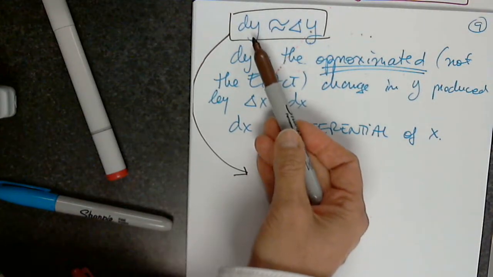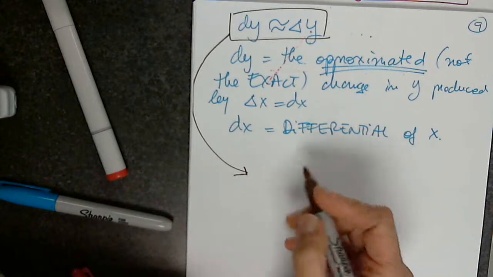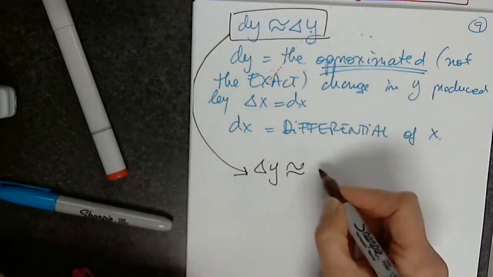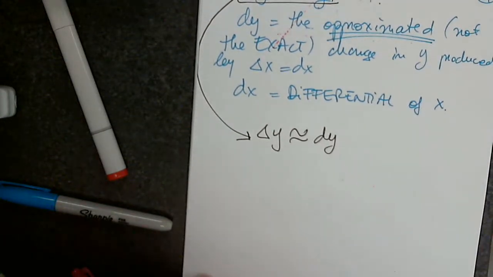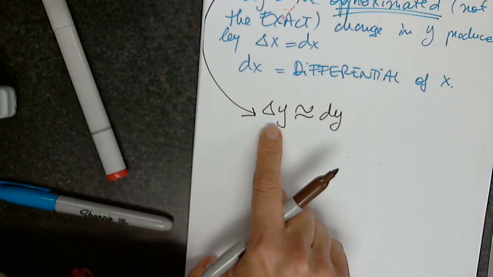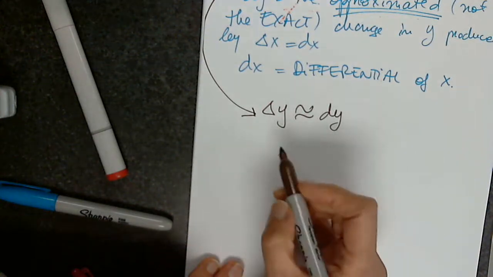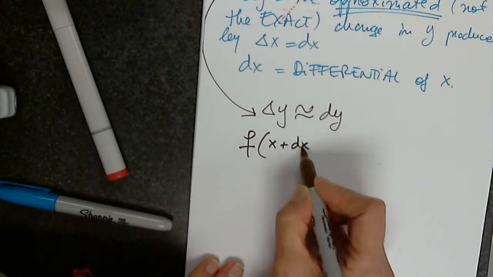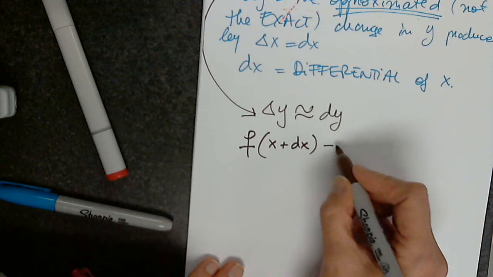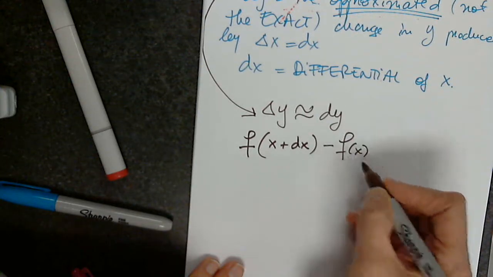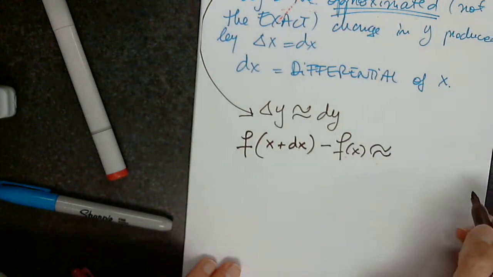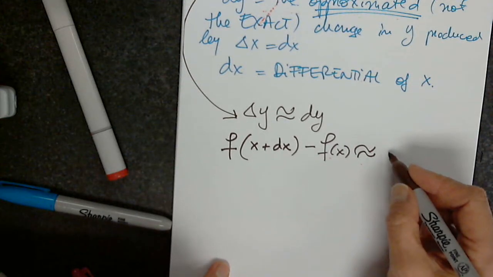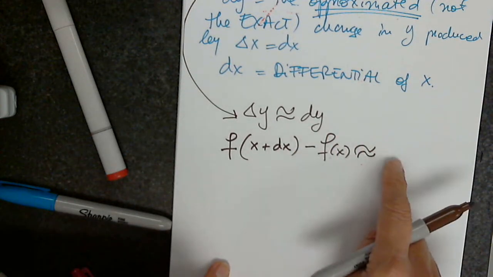Tell me, I would like to start here. I would like to write delta y, it doesn't matter, dy. Okay, so can anyone dictate delta y? f of x plus dx, yes, I'm going to replace it now with the x, minus f of x, very good, is approximately equal to, I have to replace dy by f prime of x dx.